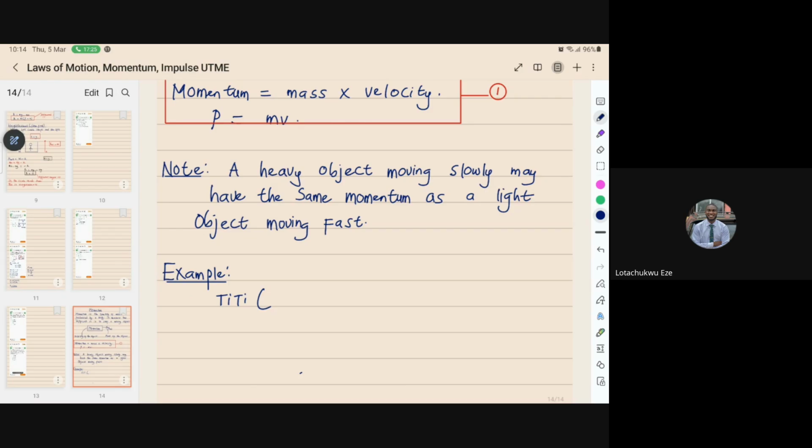Am I correct? So let's give her 45 kg. No, I'm 50. Okay. So let's give her 50 kg.